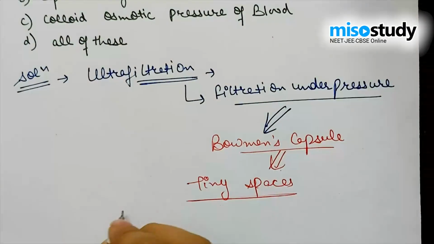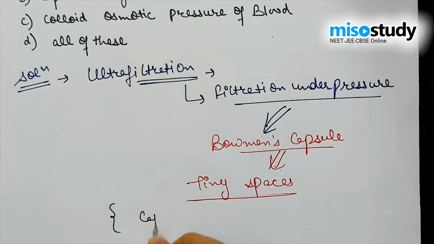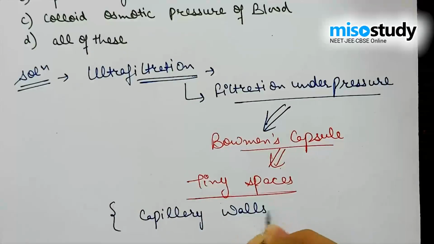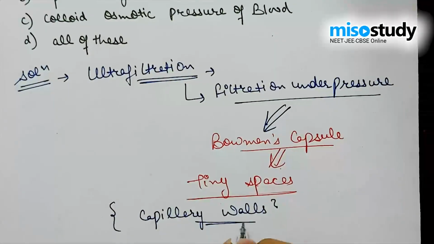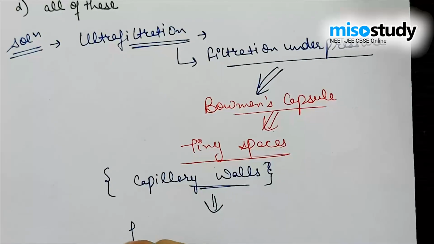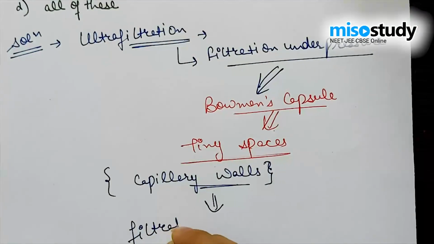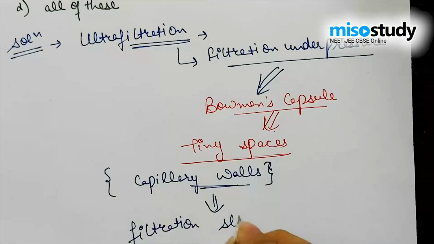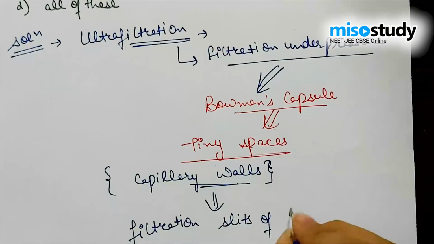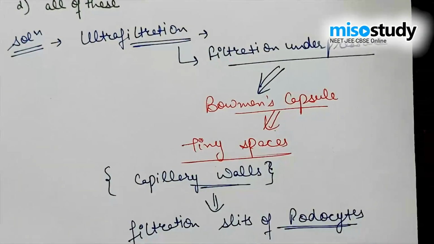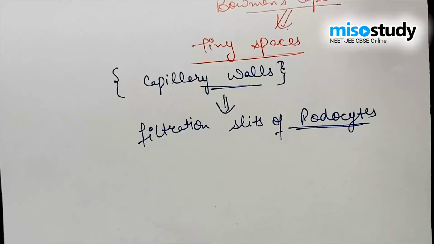These tiny spaces are present among the cells of the capillary walls, and these capillary walls help in the filtration. Also, these kinds of spaces are present in the filtration slits of the podocytes.